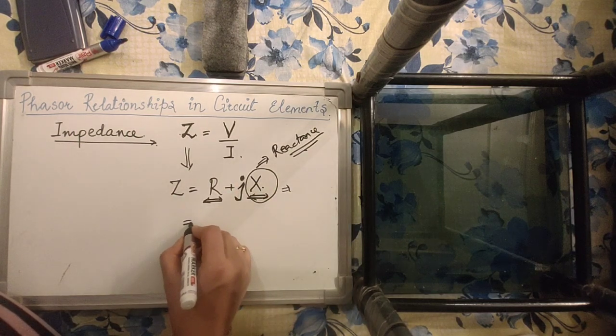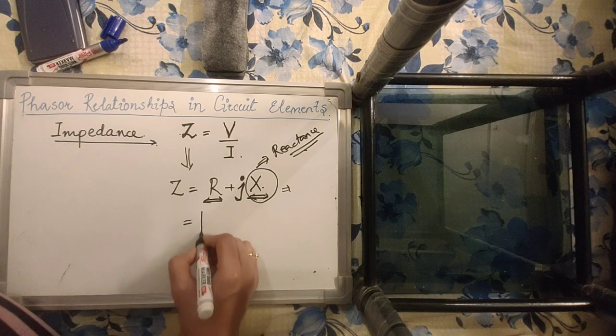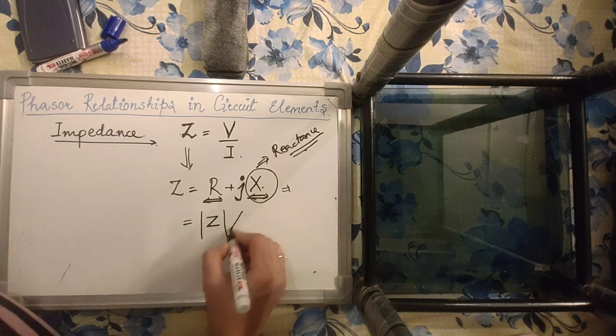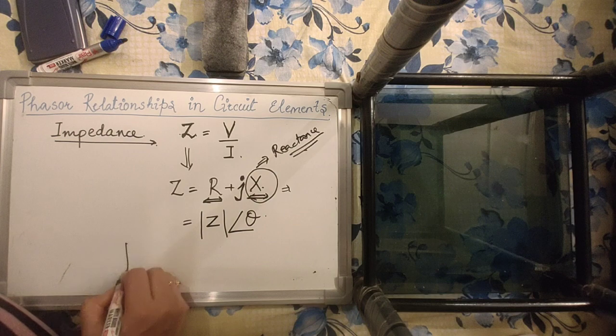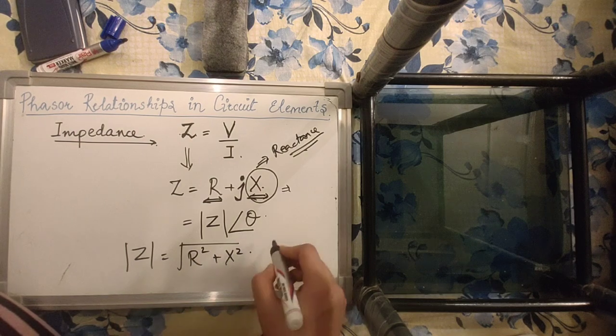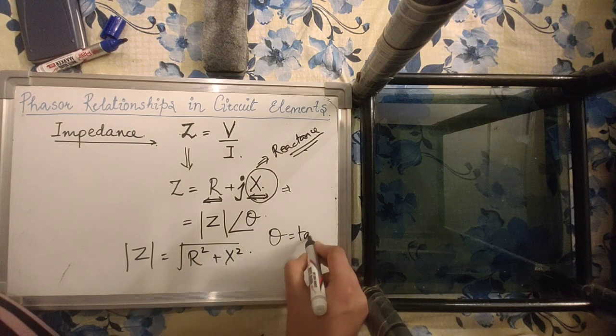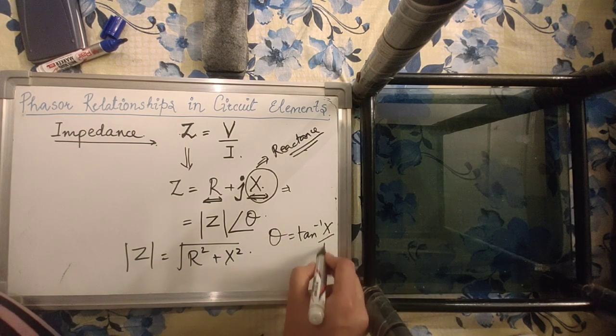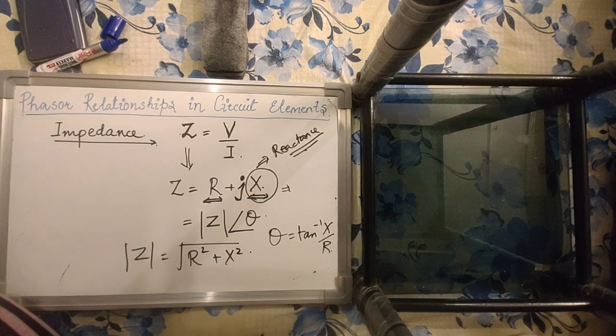If you represent it in the polar form, then it is simply magnitude of Z at an angle of theta, where magnitude of Z is equal to under root of R square plus X square, and theta is simply equal to tan inverse of X by R, right?